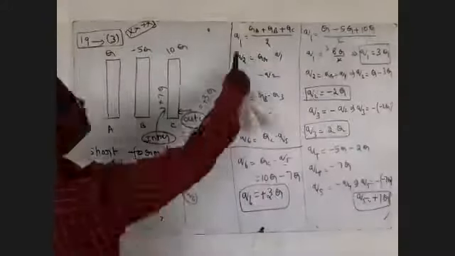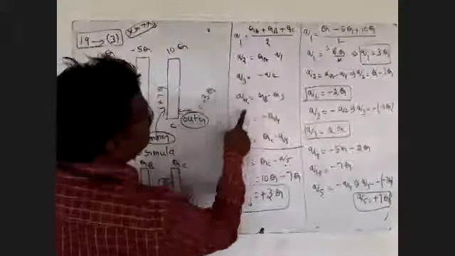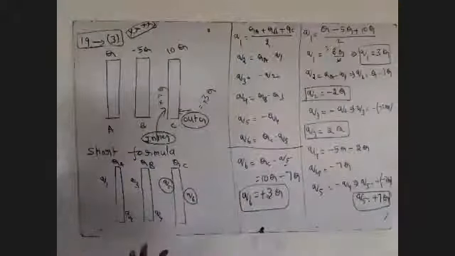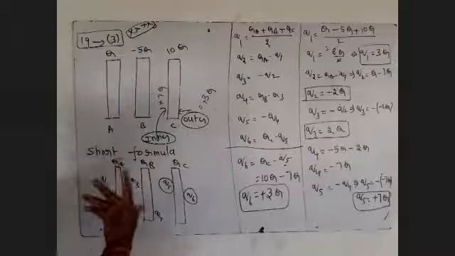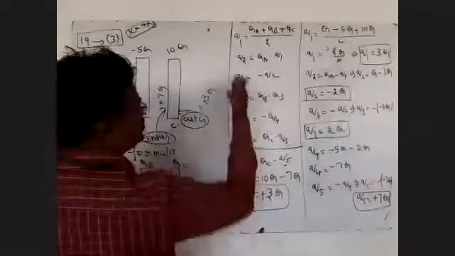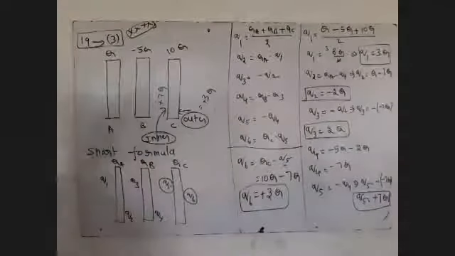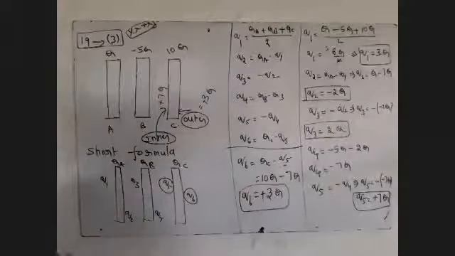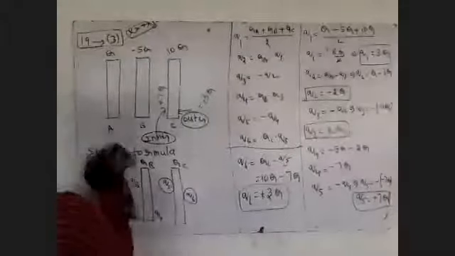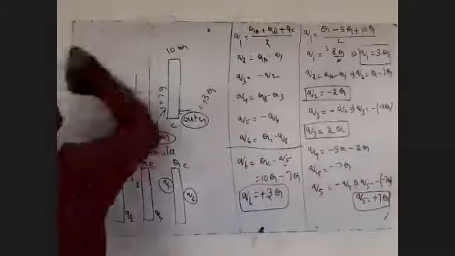They may ask Q1, Q2, Q3, Q4, Q5 or Q6 values, but keep this shortcut formula in mind, and you can solve any of these values. Next, I am going to explain question number 20.